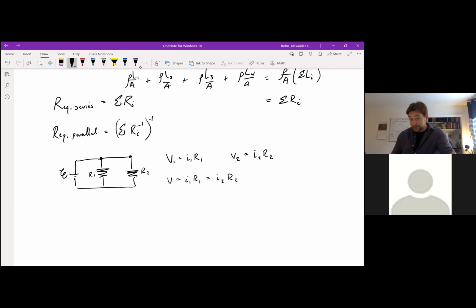If we talk about the battery, the EMF in the circuit is producing a total current according to the equivalent resistance in the circuit.